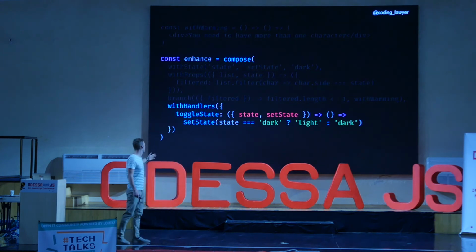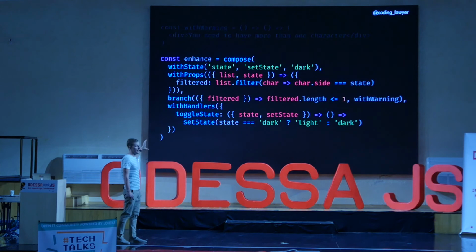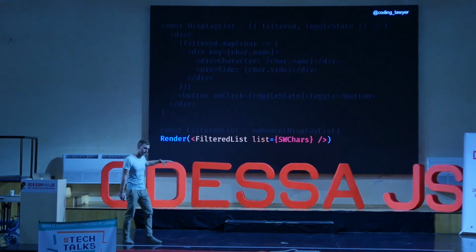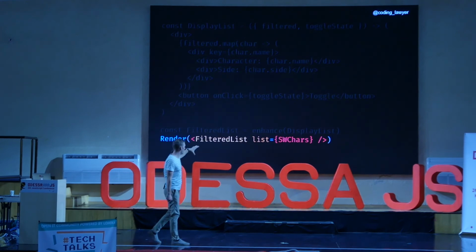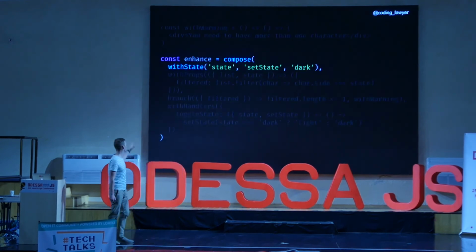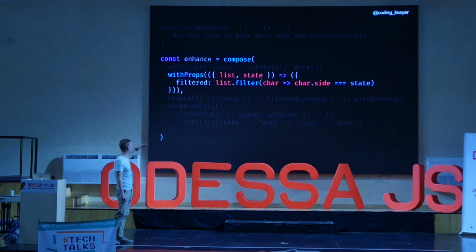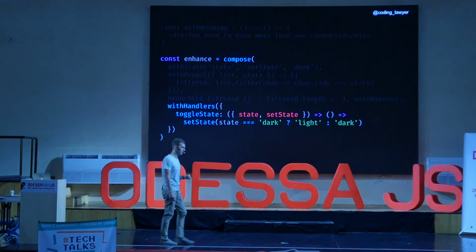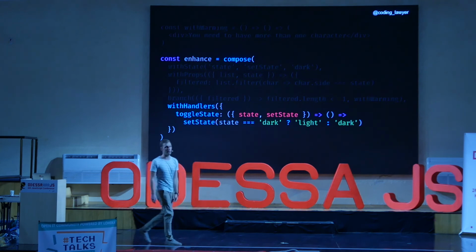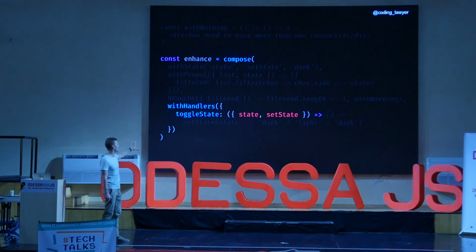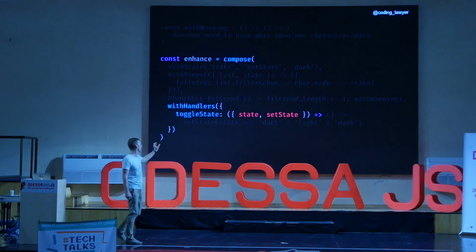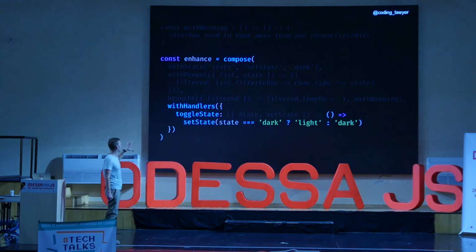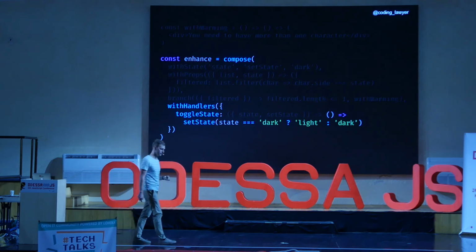So now we store it as enhance. We pass a display list, then we render our filtered list. We pass props to it, so list goes to withState. We enhance it, we go to withProps, branch, and finally our props arrive at withHandlers. And when the props arrive, our handler toggleState will keep state and setState inside a closure and return this handler.